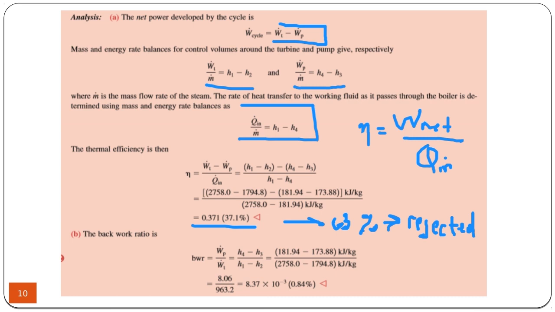The back work ratio is the ratio of the pump work divided by the turbine work, and as you can see, it's less than 1%. This is most of the time the case. The ratio of the pump work to the turbine work is most of the time less than 1%.